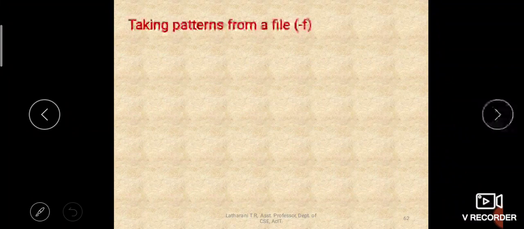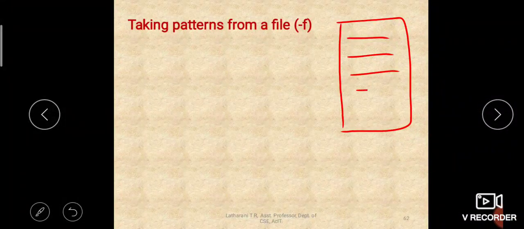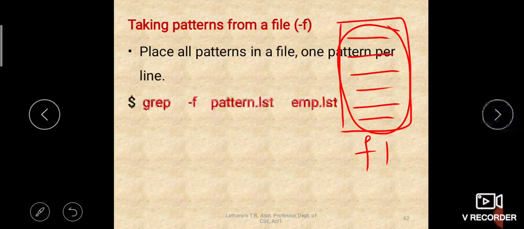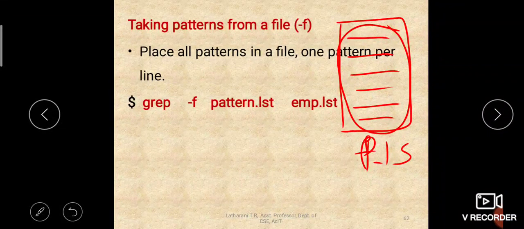So what you can do, you can club all those patterns which you want to search in a file. Okay, see, all the patterns you can list which you want to search in a file. Let us say it as file 1, and you can give this file 1 itself as an argument to grep, and all these patterns which you have listed in file 1 will be searched in the given file. For example, if you use like this, let us take this as pattern.lst.